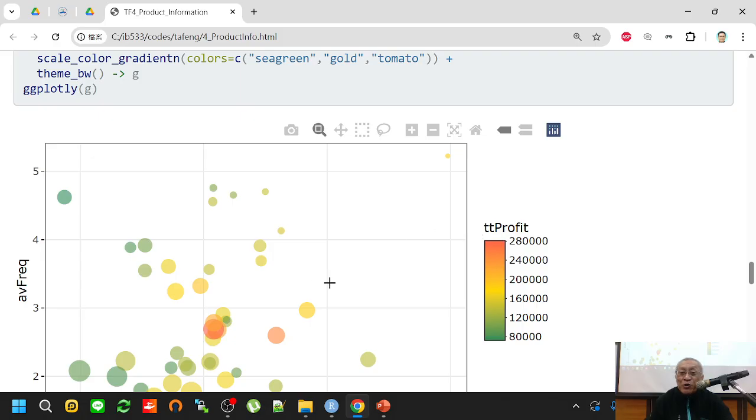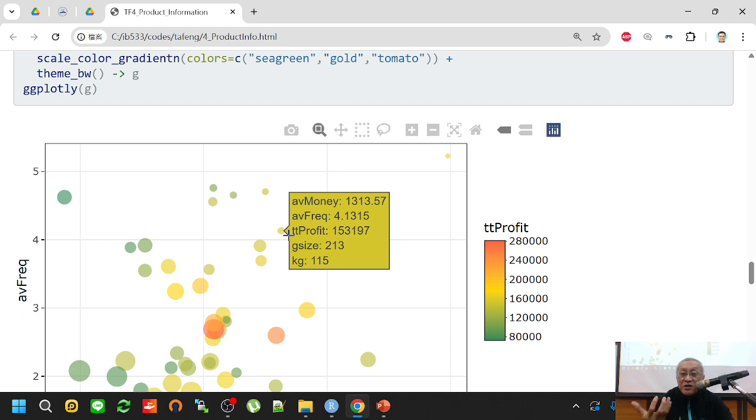We know that this group is very, very profitable, and it has 213 members. Its group number is 115, right?